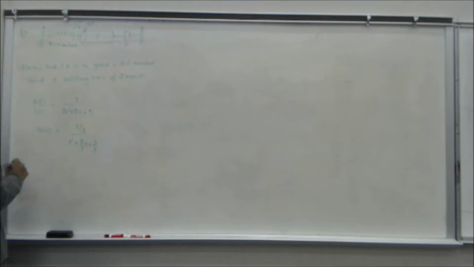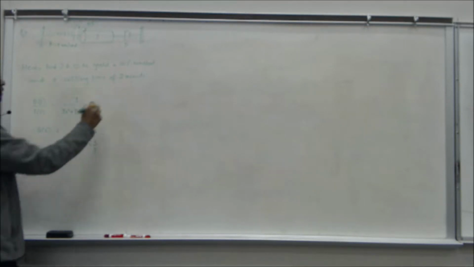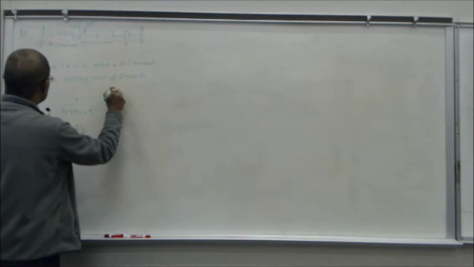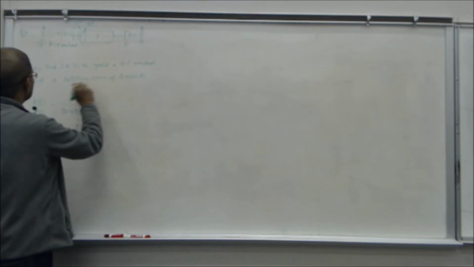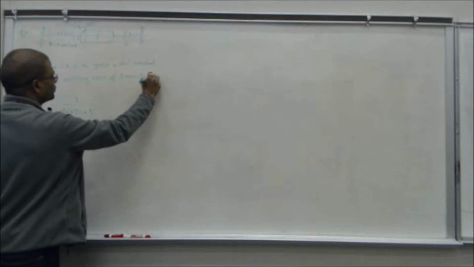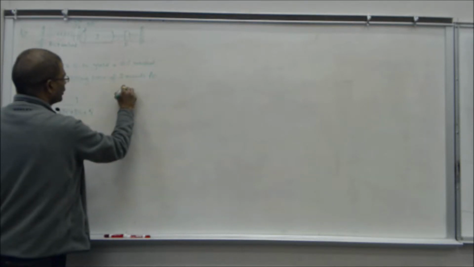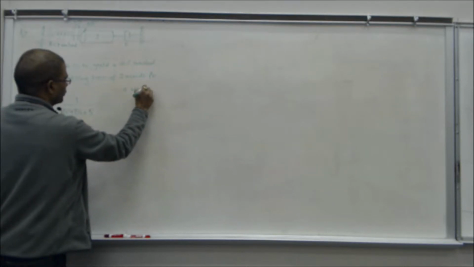Now, you cannot really find the overshoot and settling time for a system without specifying the input. So you'll be given, let's say, find J and D to yield a 20% overshoot and a given settling time for a step response, right?